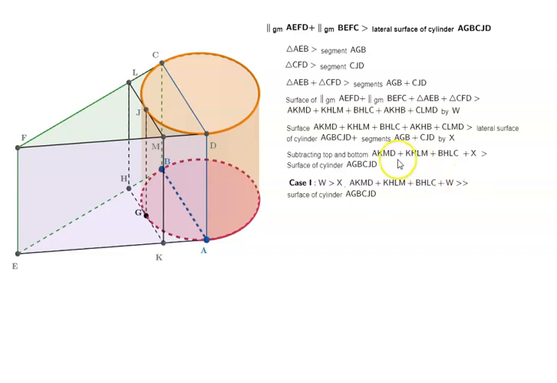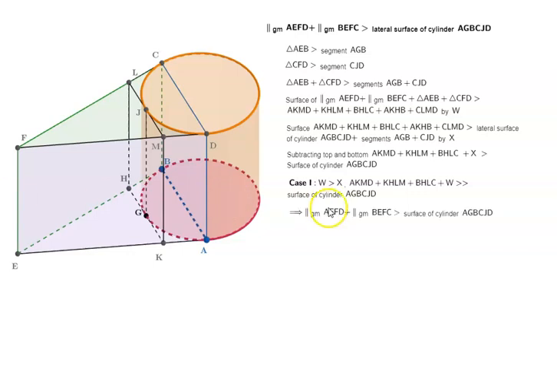Why? Because here X is very small compared to W. And AKMD, KHLM plus BHLC plus X is greater than the surface of the cylinder. So if we substitute X with W, it is going to be much larger.